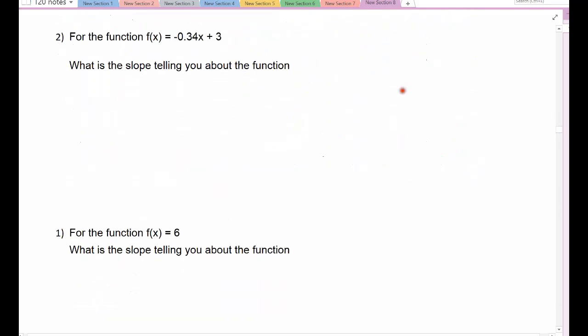The second one: my function f of x equals negative 0.34x plus 3. What is slope telling you about the function? Slope is negative 0.34. It's negative, so we know f of x is decreasing. That's what the negative is telling me, direction. I already indicated my direction.